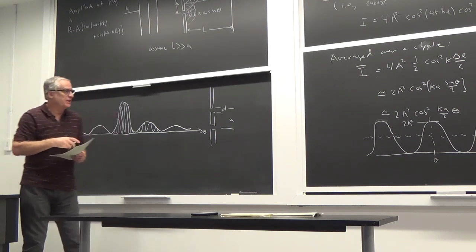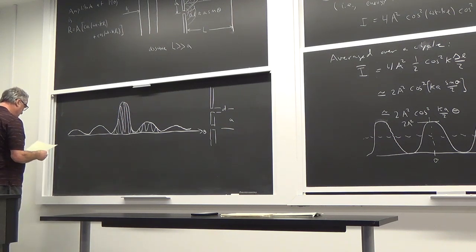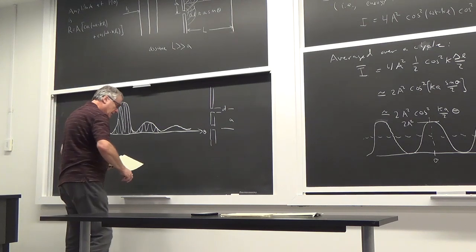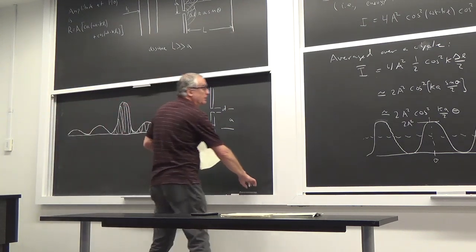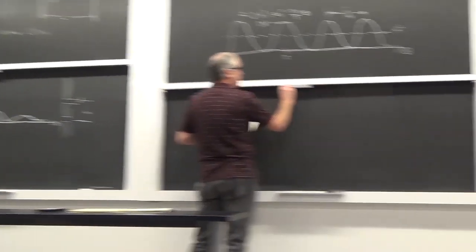So we can be a little more general than this now, since we know it's all geometry. It's all calculating differences in path lengths, that is calculating different phases. So we can be more general. So let's try a different kind of aperture.